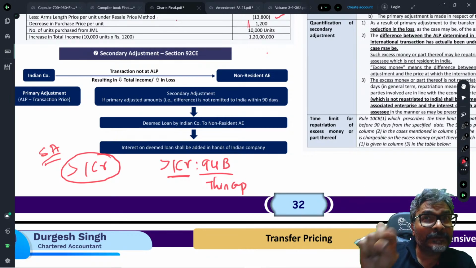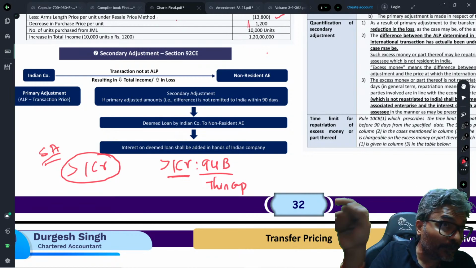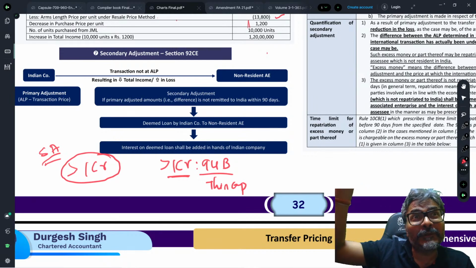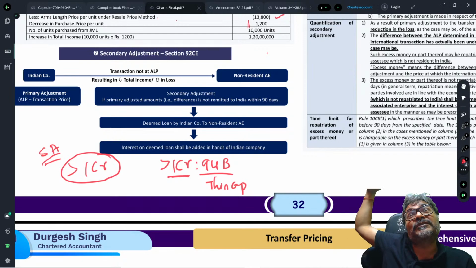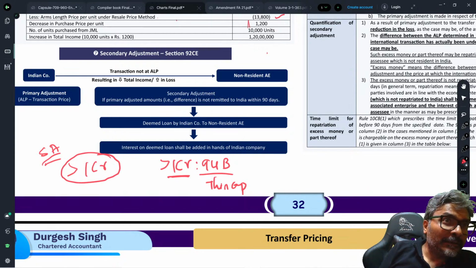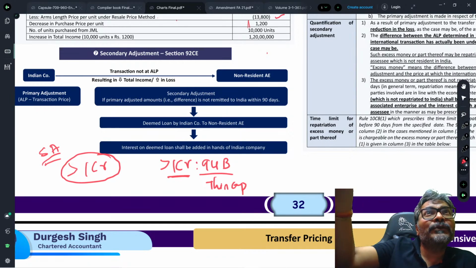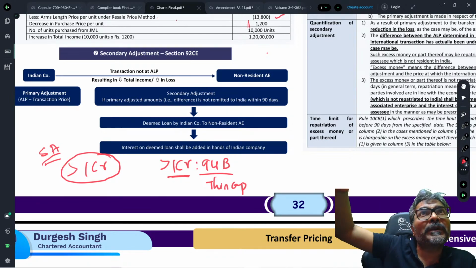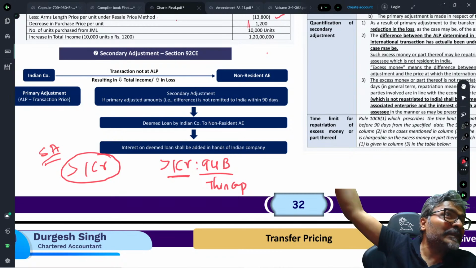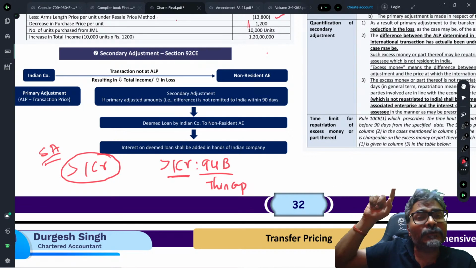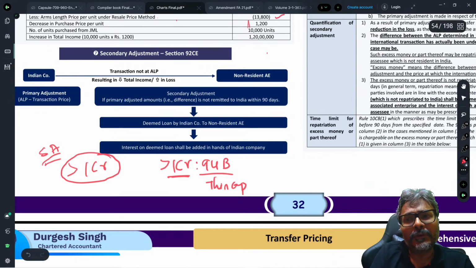In an MCQ question, the ICAI gives you the SBI rate on the first day of the previous year as well as the first day of the assessment year. For you, the previous year is 21-22. So ICAI gives you the SBI rate prevailing on 1st April 2021, and also the SBI rate prevailing on 1st April 2022.